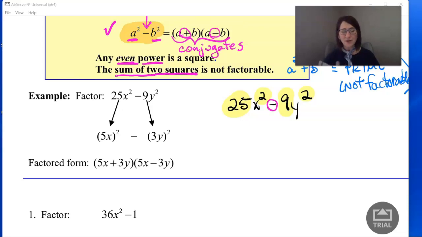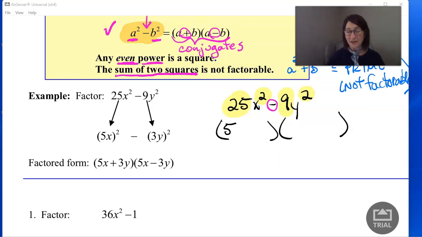And I do. So that means right away, I can create my two binomials and put this in factored form. My first term is going to be the square root of 25x squared. The square root of 25 is 5, square root of x squared, x.